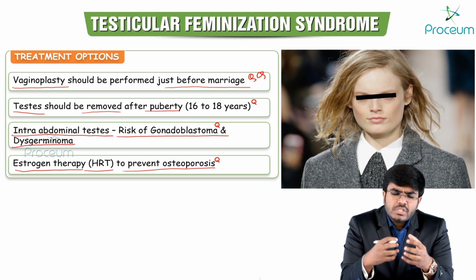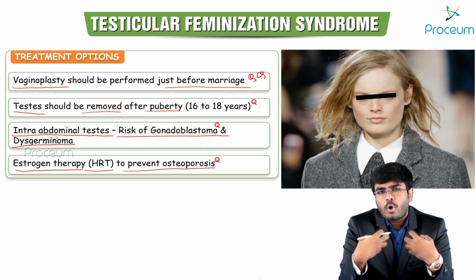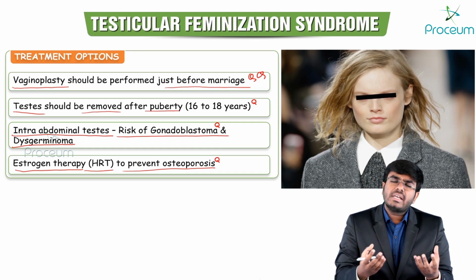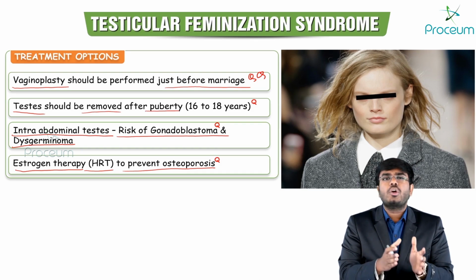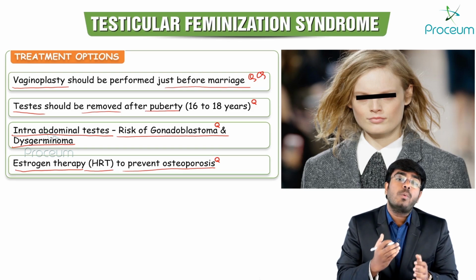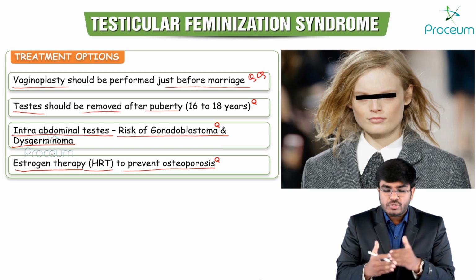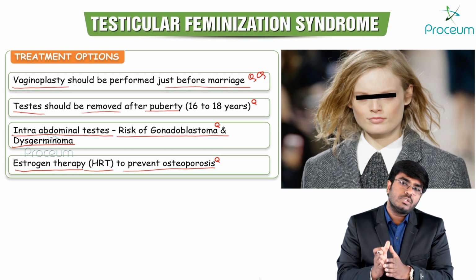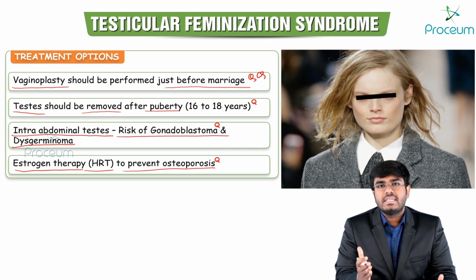Whenever there are no estrogens, we all know that the osteoclasts in the bones will be activated and will cause too much bone resorption. That will cause osteoporosis. So to prevent osteoporosis, what you can do is hormone replacement therapy. You should replace the estrogens, to prevent the bones from osteoporosis. So estrogen replacement therapy is given.